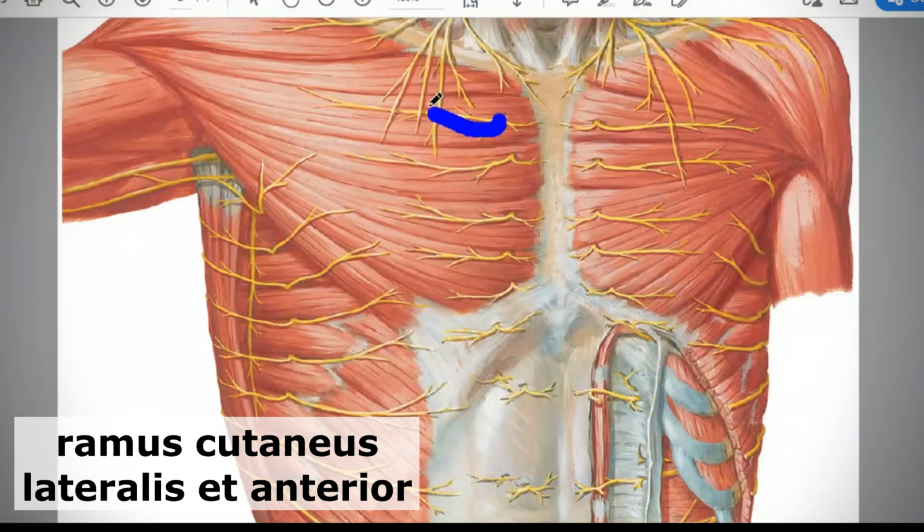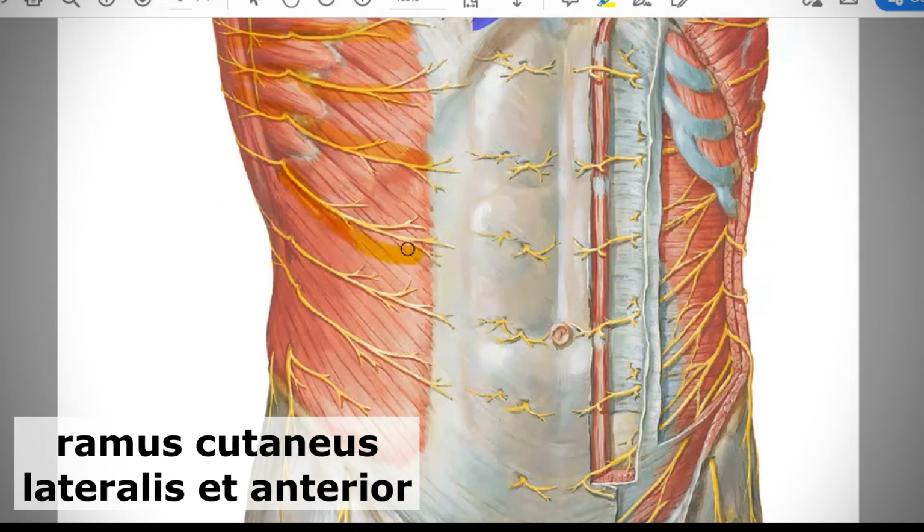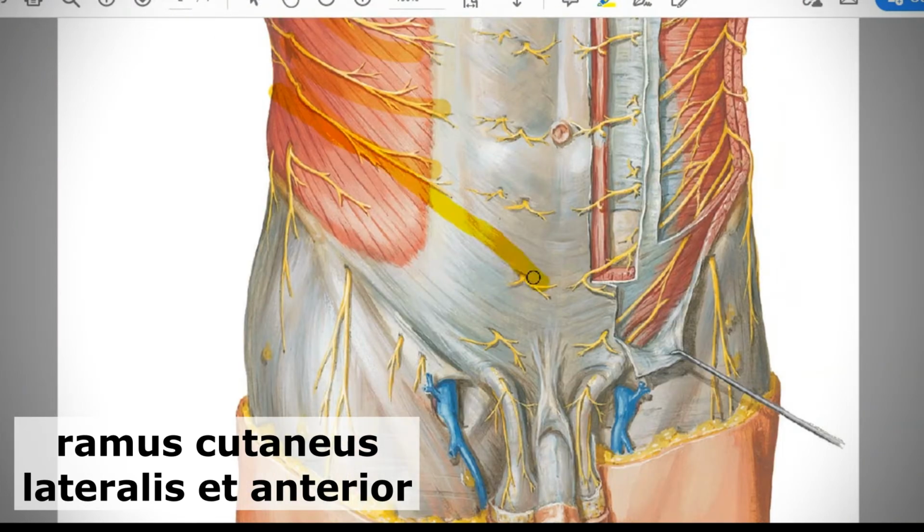This is the anterior, rami cutanei anteriores, and this is the lateral one. As you can see, they also divide into anterior and posterior branches that supply the skin of the thoracic and abdominal walls, until this level above the inguinal ligaments.